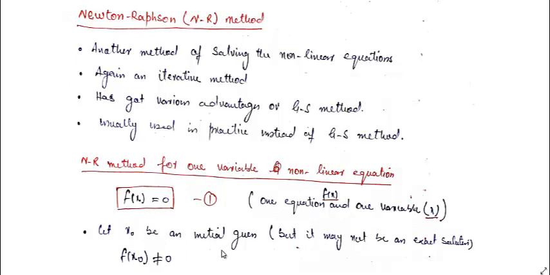Let x naught be the initial guess, so that we'll put this in f(x) instead of x, so that we can get some value. But it may not be the exact solution, which might not result in f(x) equal to 0.